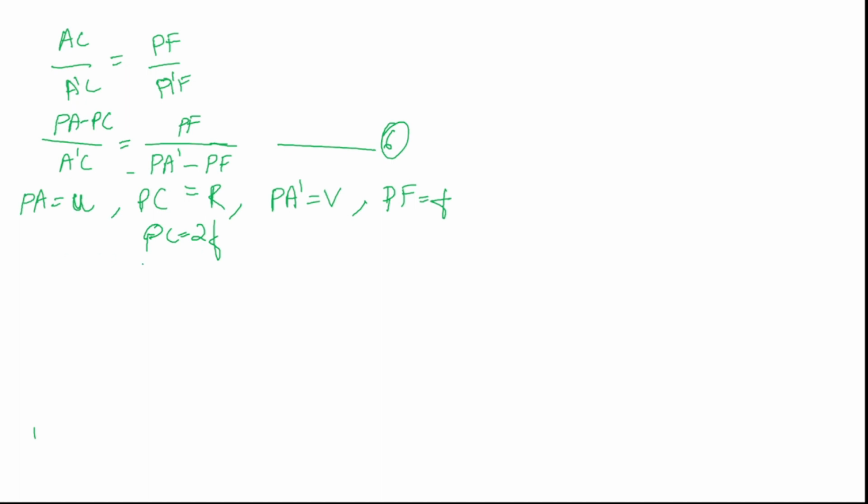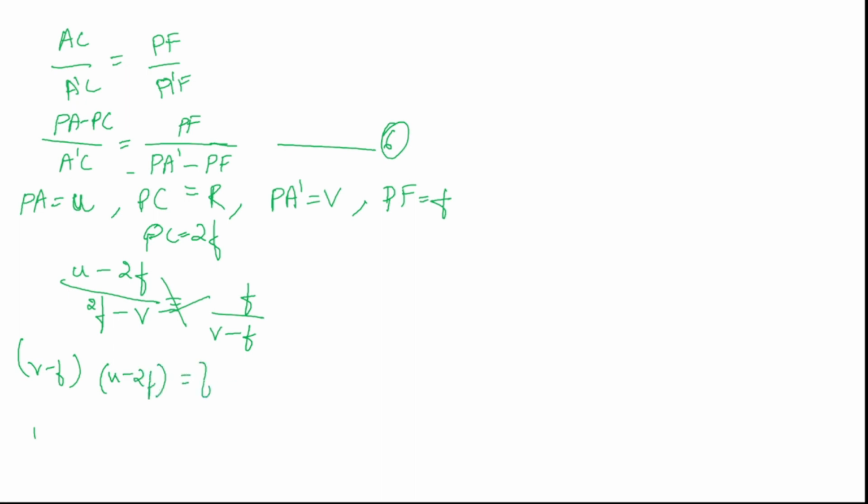Now let us substitute these things in equation 6. What will you get? U minus 2F divided by 2F minus V equal to F divided by V minus F. So let us solve this equation. Okay. What will you get? V minus F into U minus 2F equal to F into 2F minus V. UV minus 2VF minus UF plus 2F square equal to 2F square minus VF.